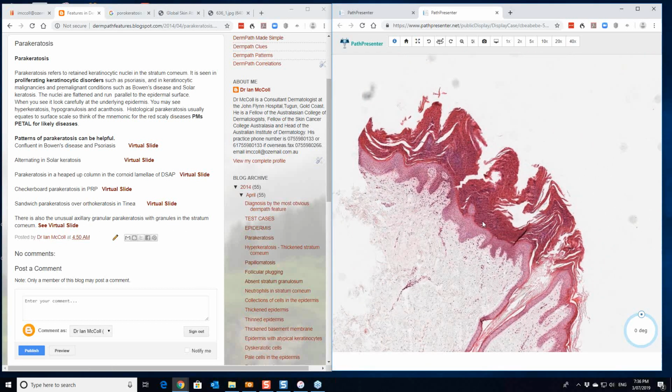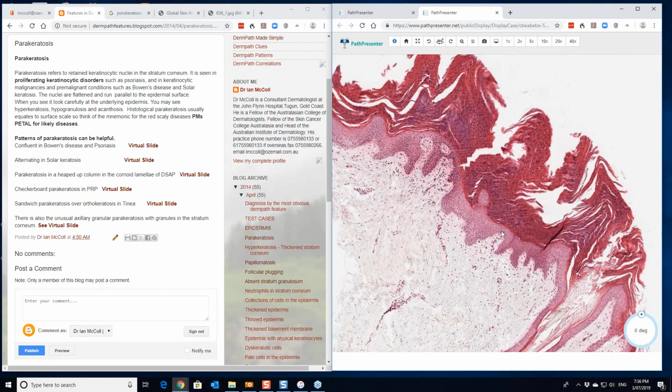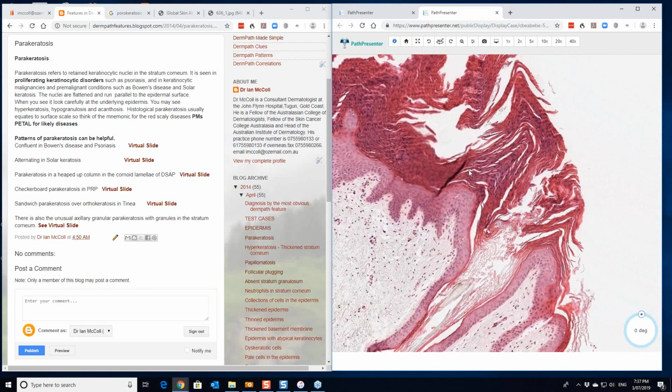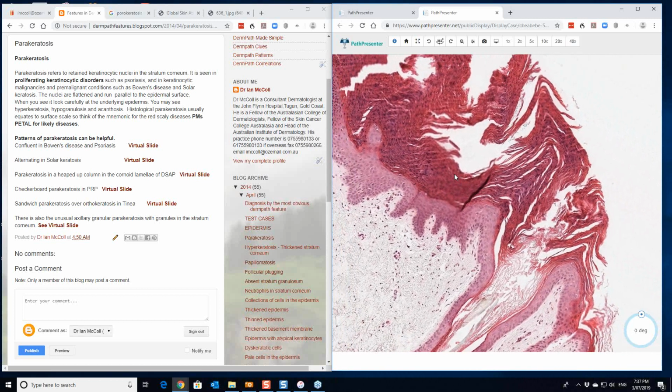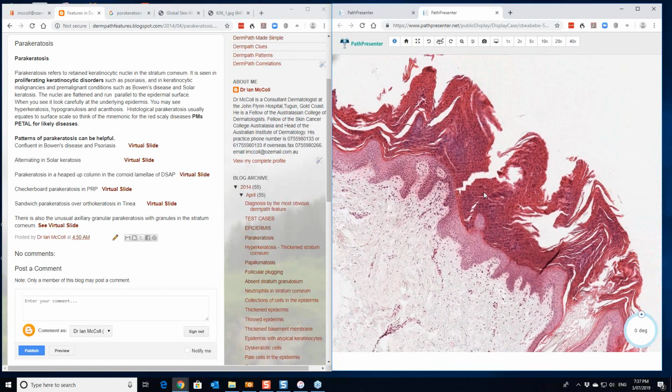And you can see the extent of the columns of parakeratosis that's running along the surface of this epidermis, and a lack of the granular layer as well, which you often see when you've got heaped up parakeratosis like this.